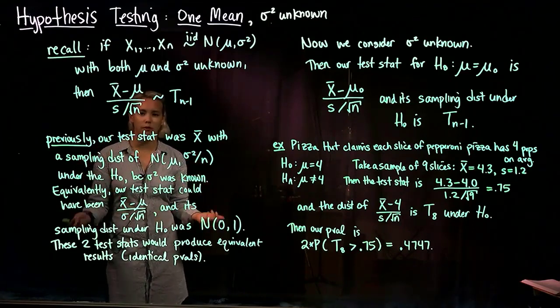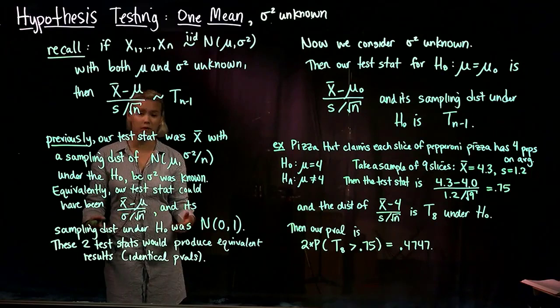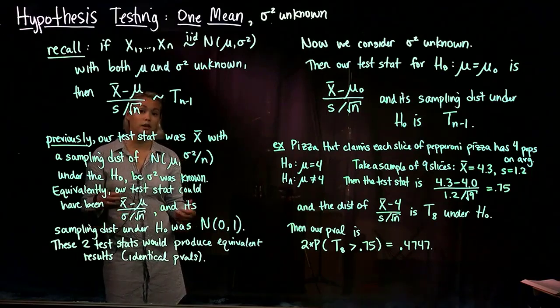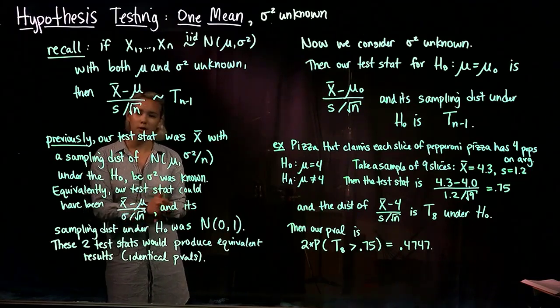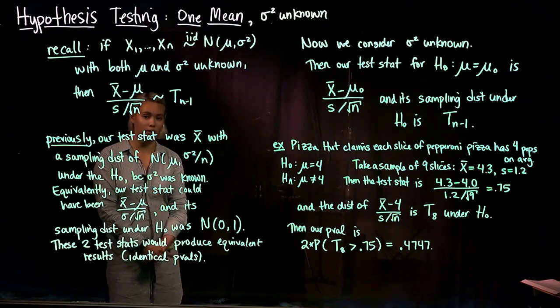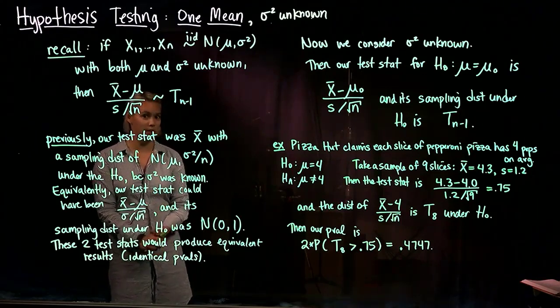But of course, most of the time, if we don't know the mean, then we won't know the variability either. So it's useful to think about how we do hypothesis testing when we do not know the variance sigma squared. Hopefully this reminds you of when we did confidence intervals for a mean when we did not know sigma squared.